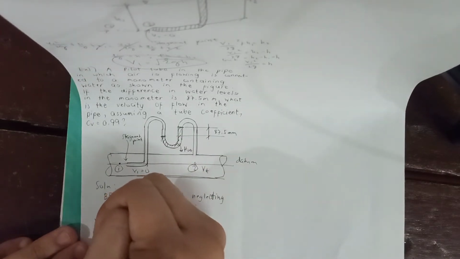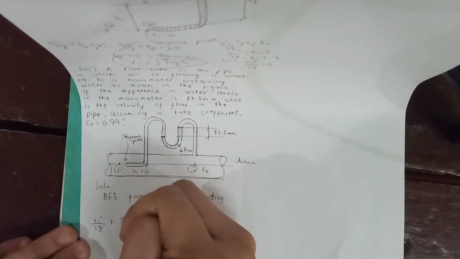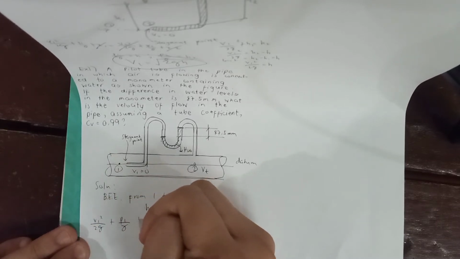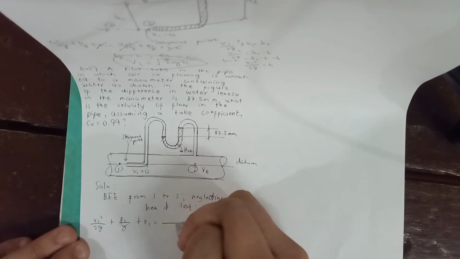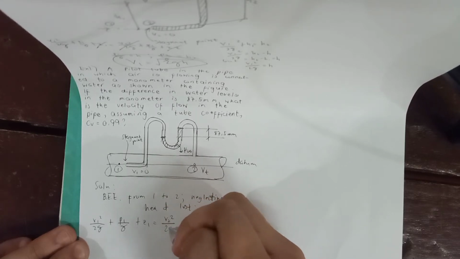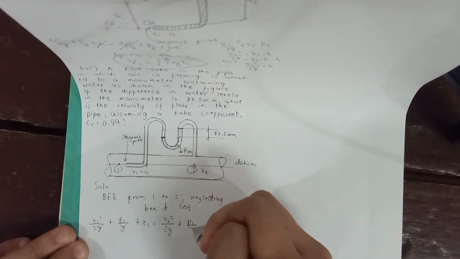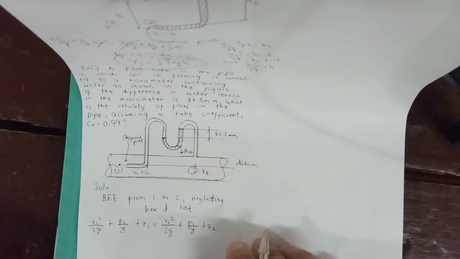So V sub 1 squared over 2g plus P sub 1 over gamma plus Z sub 1 equals to V sub 2 squared over 2g plus P sub 2 over gamma plus Z sub 2.